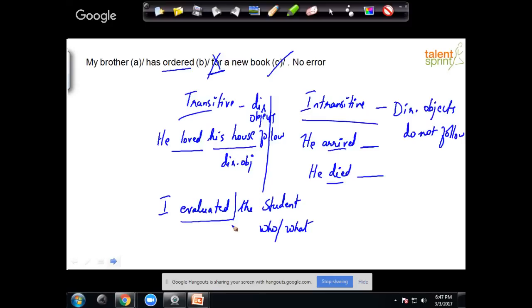That's the rule. So for example, if I say, I promptly answered his questions, I don't say I promptly answered to his questions. Incorrect. I promptly answered what? His questions. So are you following? So the error is in part C. Keep that in mind.